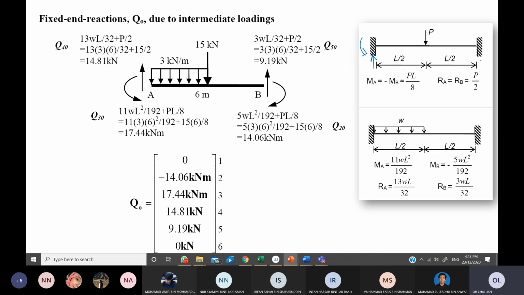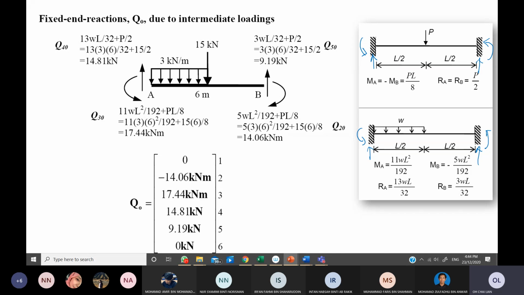These are the fixed end reactions that we want to determine, as my arrow shows. In this case there are two loads, so you need to use the method of superposition and combine both of these loadings.